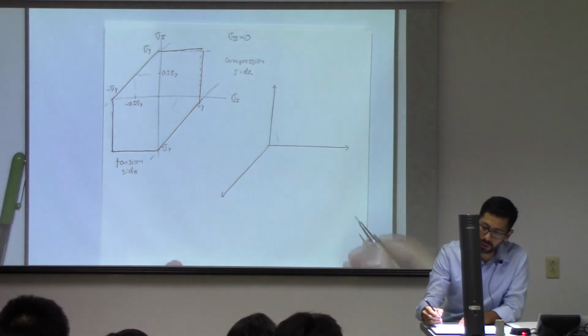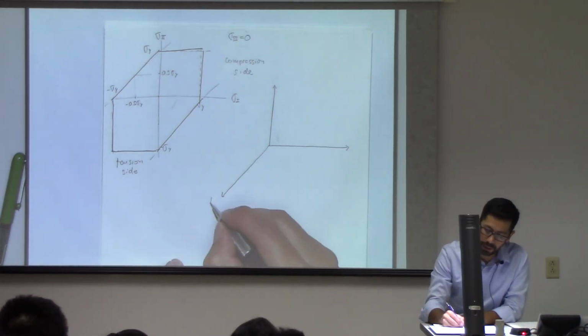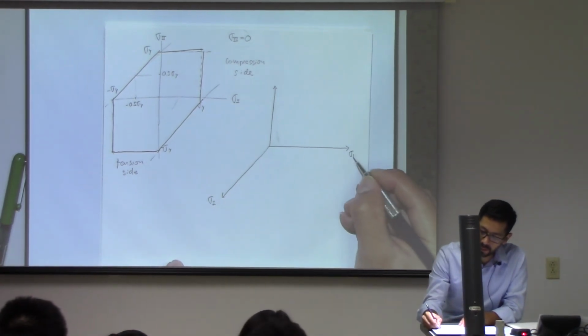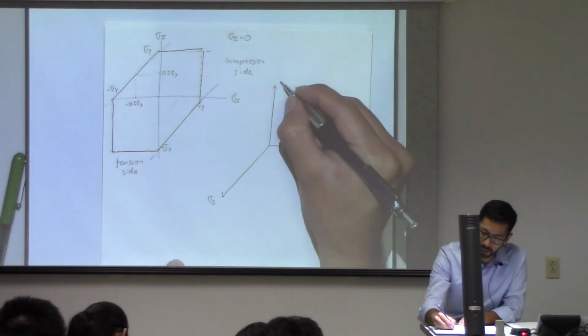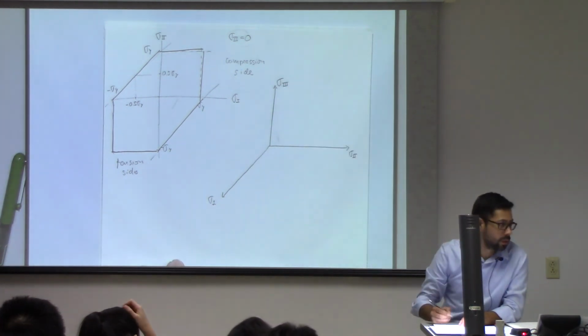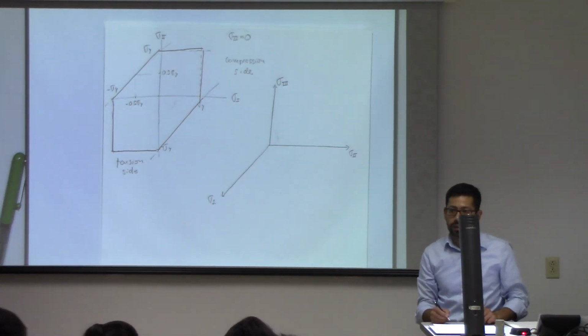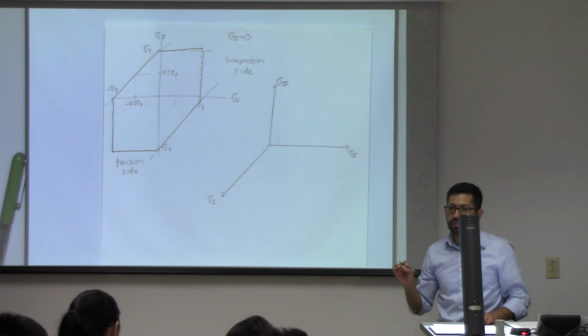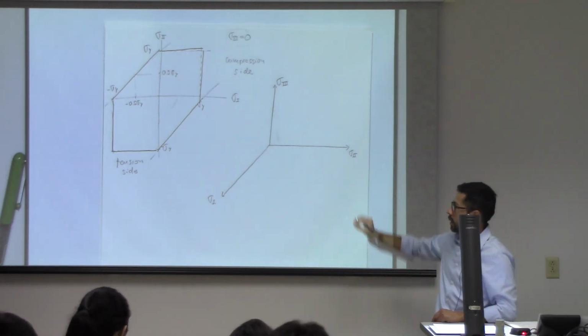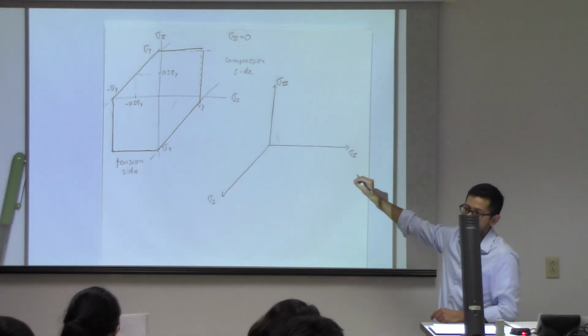In which we're going to put, let's say, sigma Roman 1, sigma Roman 2, sigma Roman 3 over there. And any state of stress, we're going to plot it with its principal stresses.